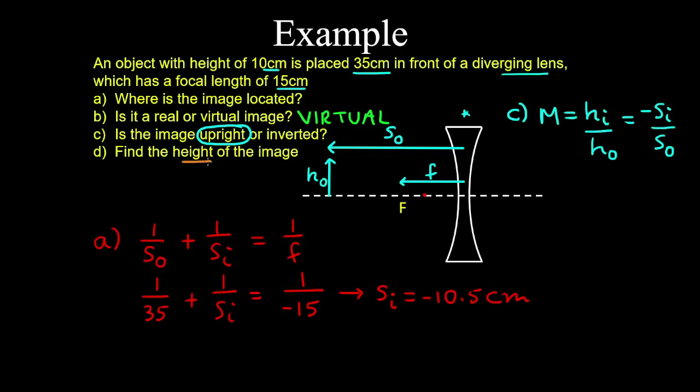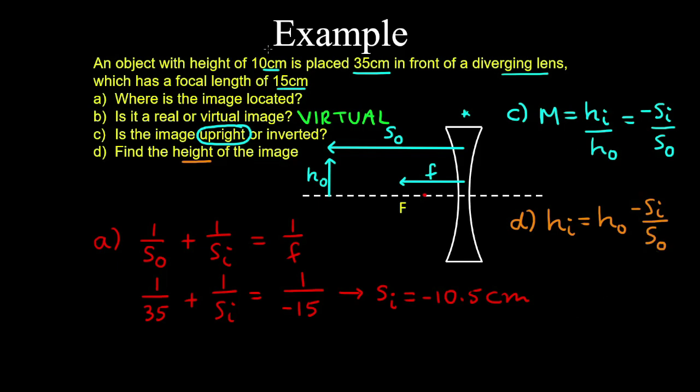And now let's find the height of the image. If we solve this equation for HI, we have HI is the height of the object times the negative of the distance to the image over the distance to the object.